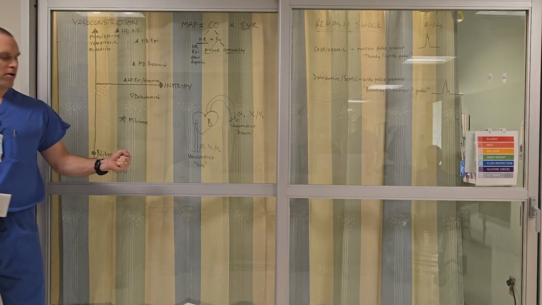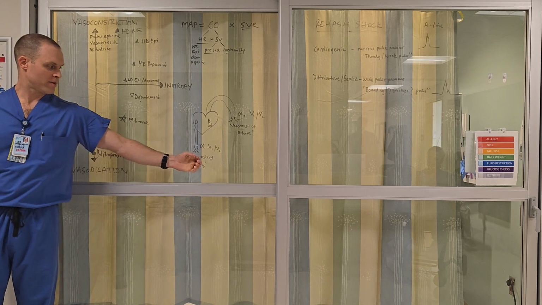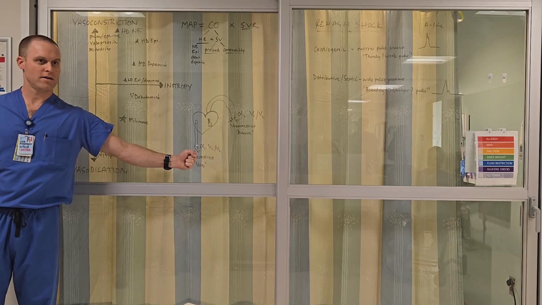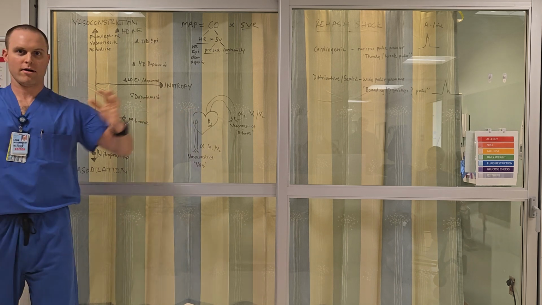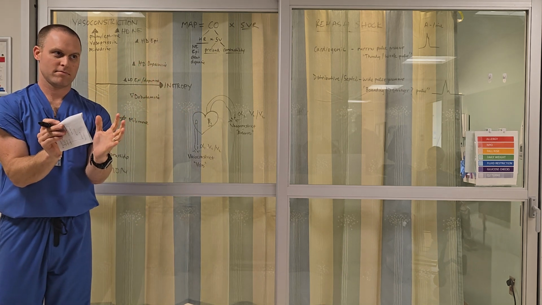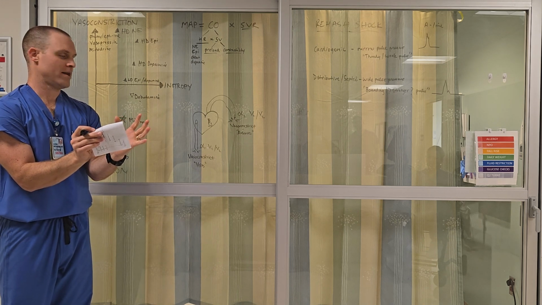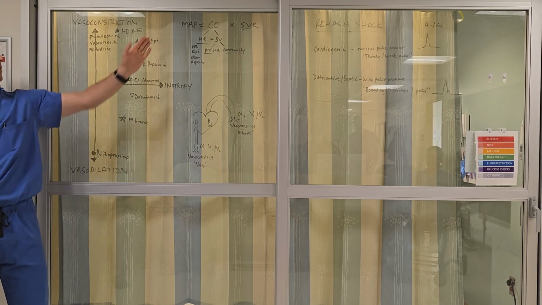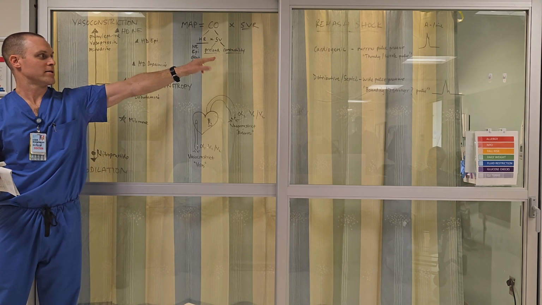When I say preload, think venous return. So what things cause venoconstriction, return to the heart? By default, if you deliver more to the heart, it's going to contract more if it's a normal heart, and increase its cardiac output and MAP. So what things increase preload?